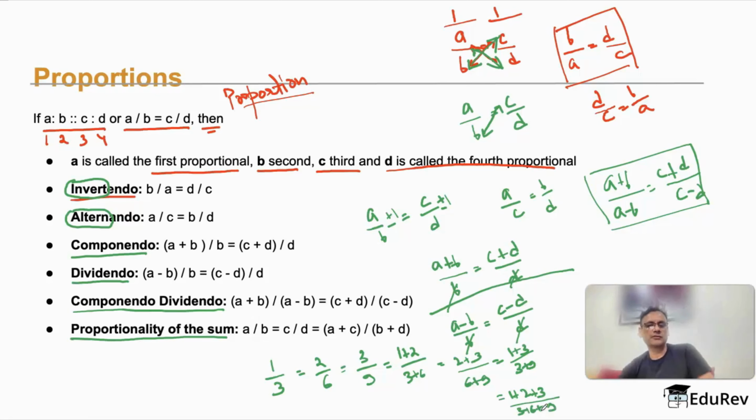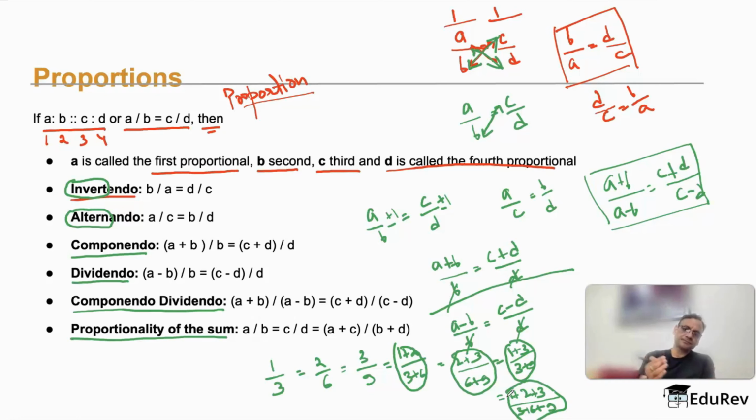All of them are part of the same proportion because all of them have a value of 1 by 3. This is 3 by 9, which is 1 by 3. This is 5 by 15, which is 1 by 3. This is 4 by 12, we had added 1 and 3, which is 1 by 3. And this is 6 by 18, which is also 1 by 3. So this is proportionality of the sum.